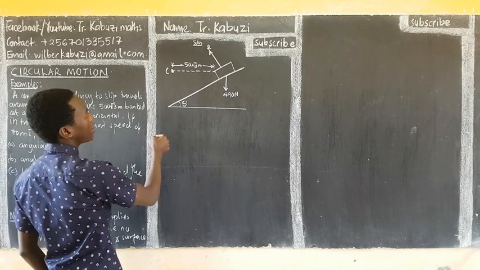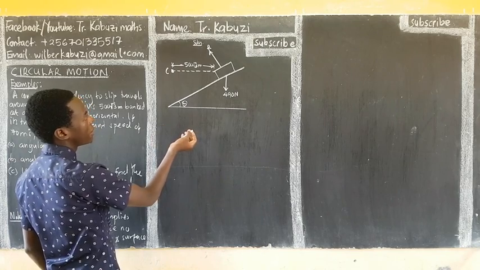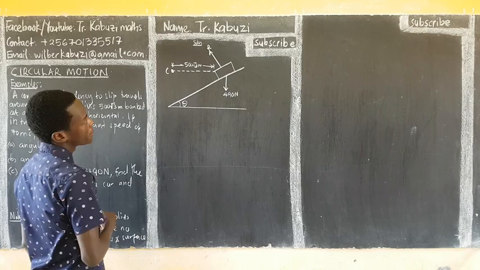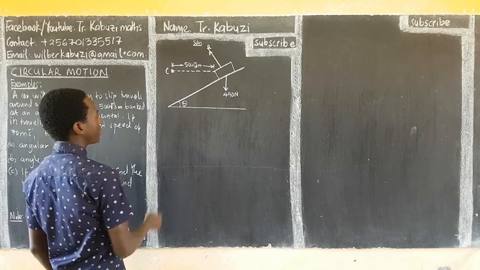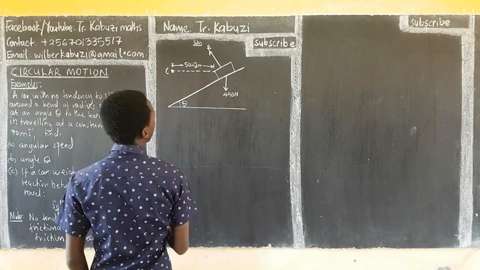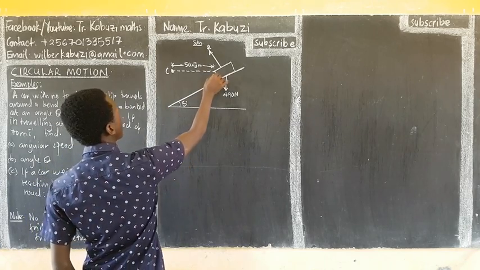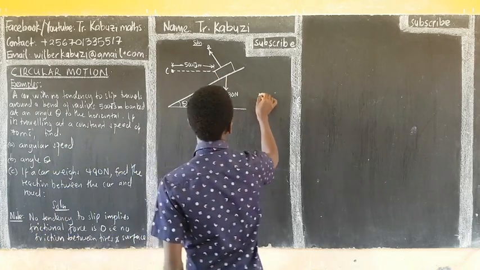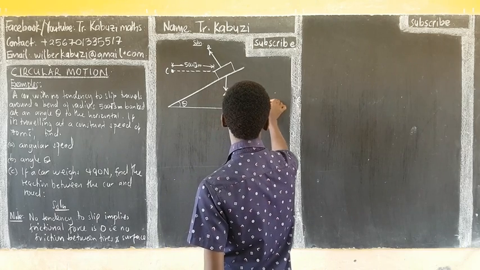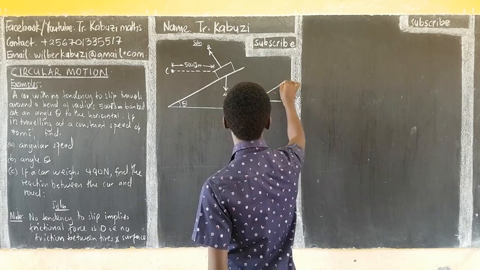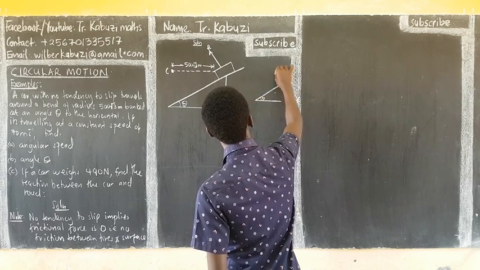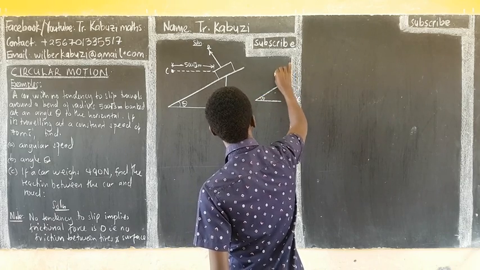First we resolve before we start doing everything. If I draw this like this, this is going to be my horizontal, and this is going to be the angle theta. This is going to be my reaction here.